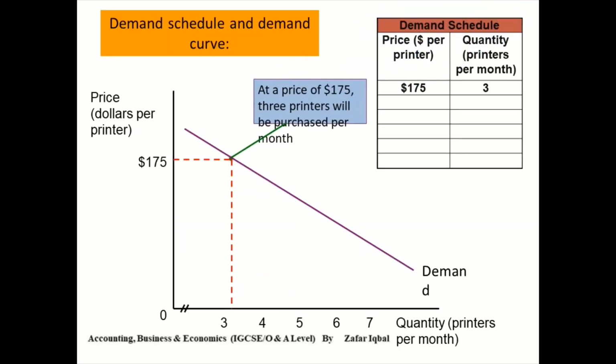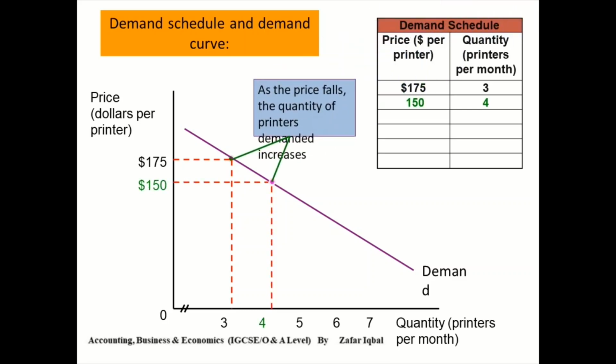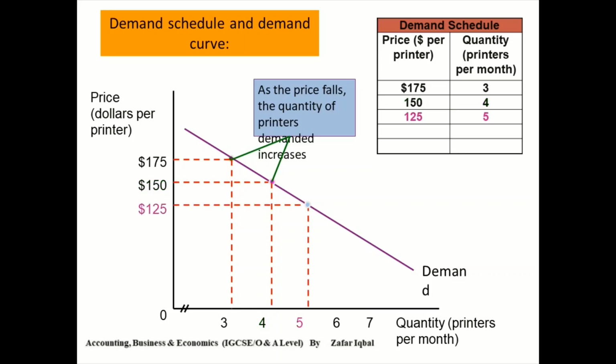As you can see, at a price of $175, 3 printers will be purchased per month. On the other hand, if we decrease the price to $150, we will be able to sell 4 printers per month. At a price of $125, we are able to sell 5 printers per month.